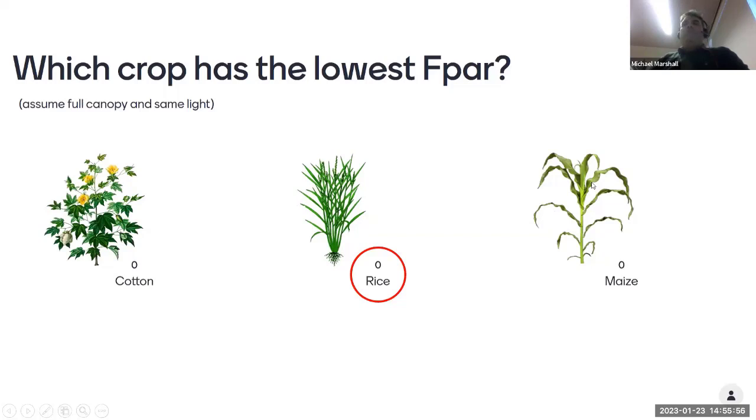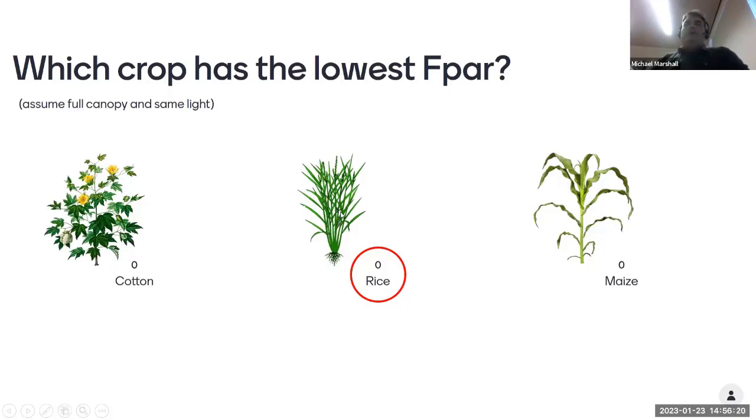Similarly with maize also, if you've worked in maize fields, they're pretty dark. The leaves are more erectophile, more vertically oriented than say cotton, but still pretty much a planophile, large, leafy, sort of horizontally oriented leaves.